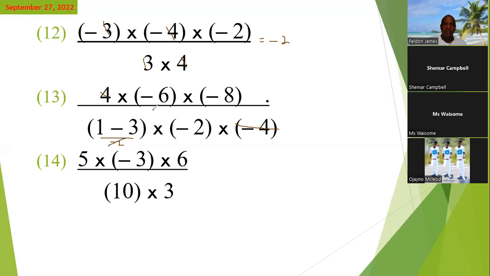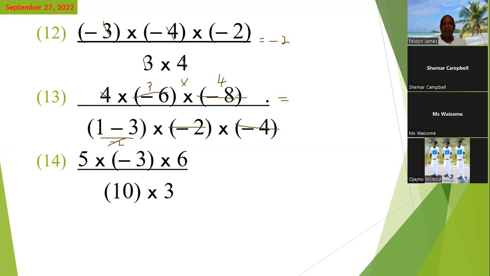This 2 can cancel the 6, you get what? 3, sir. And this 2 can cancel this 8, you get what? 4, sir. And then now you have 3 times 4 remaining, what do you get? 12, sir. 12, negative or positive?